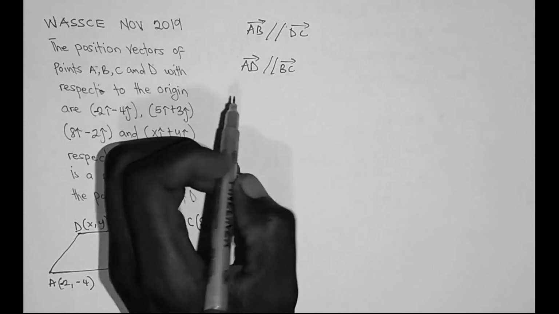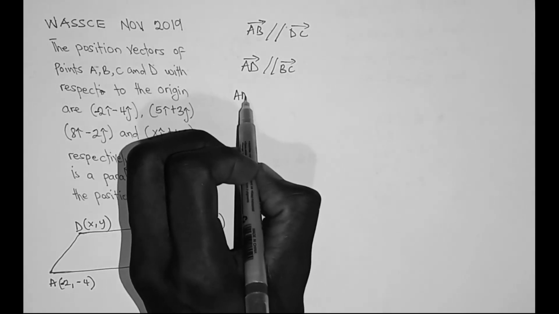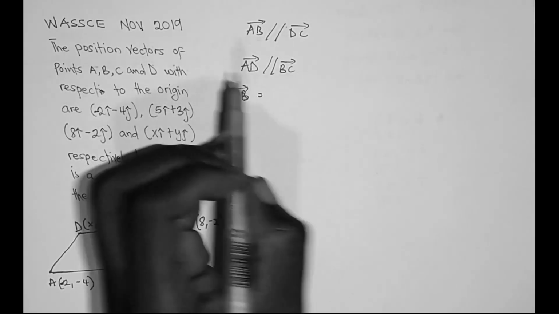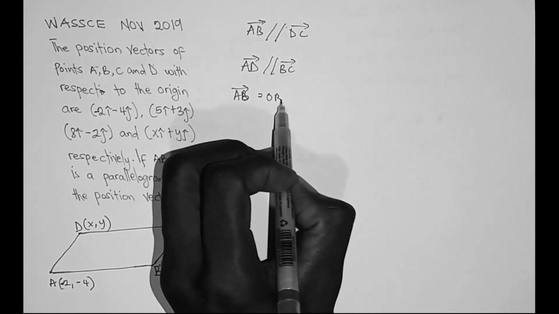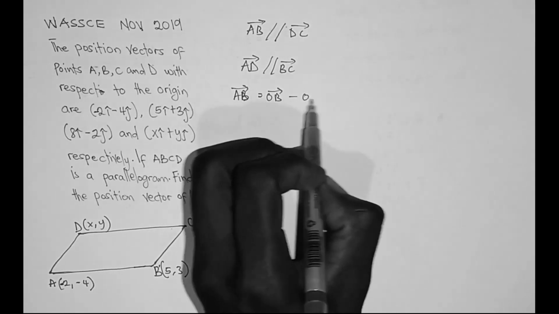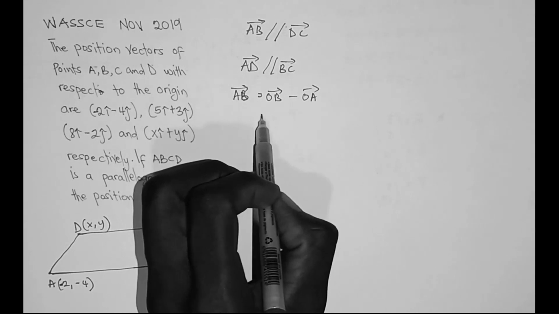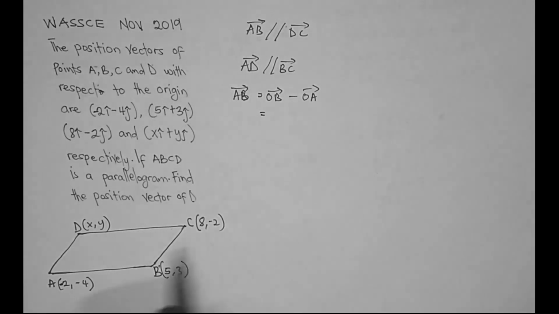So let's find the vector AB. Know that the vector AB is the position vector OB minus the position vector OA, and OB, what is it?